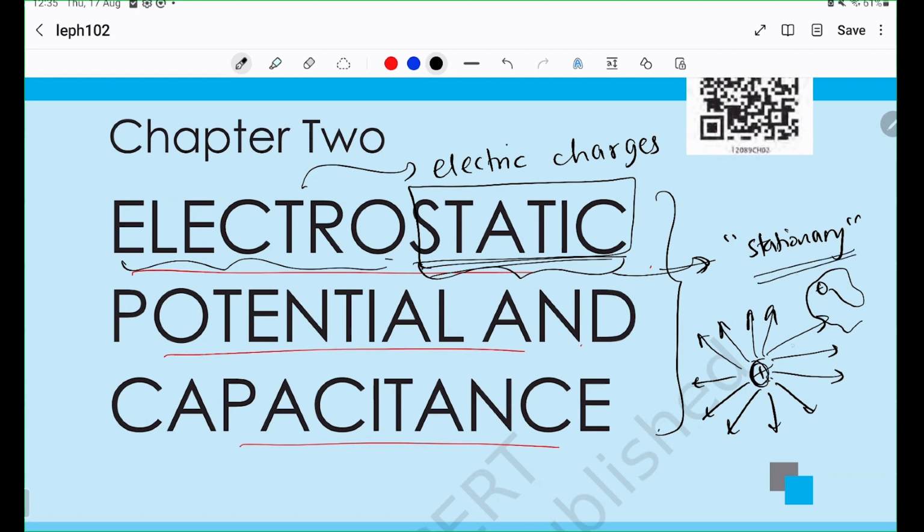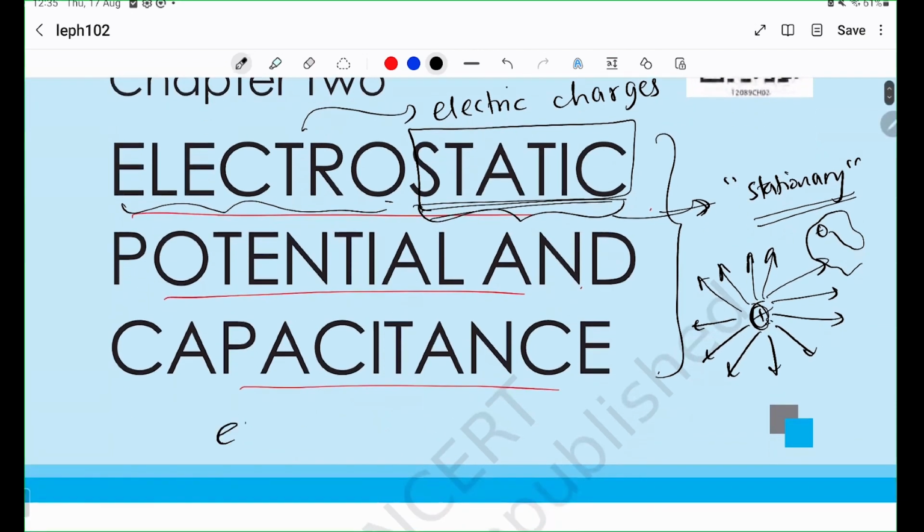Because if the source charges start moving, we get a lot of weird effects. The collective study of these effects is called electromagnetism. We'll soon look into how that comes around. And that study is called electrodynamics. However, right now we are going to restrict ourselves to electrostatics because it's far simpler to study.